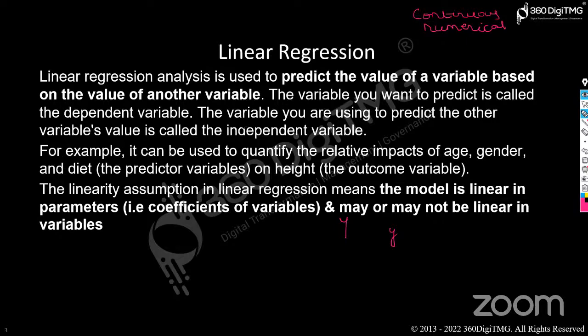The variable that you want to predict is called the dependent variable. The variable you are using to predict the other variable's value is called the independent variable.